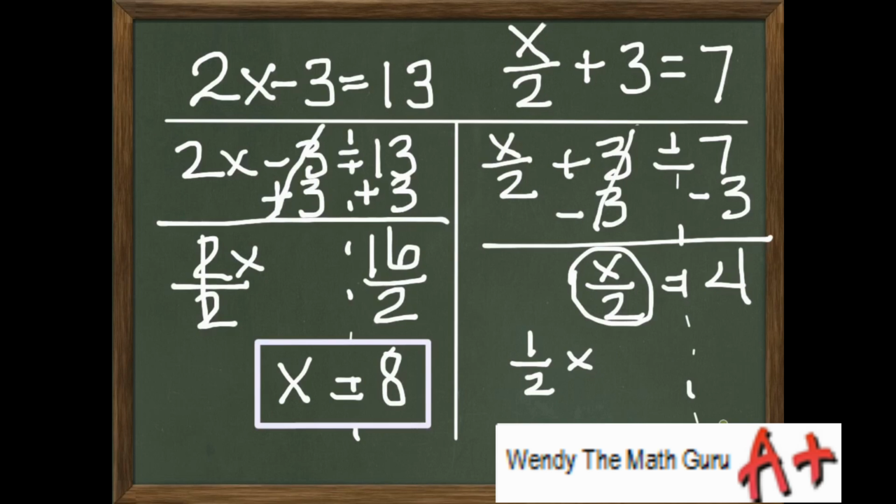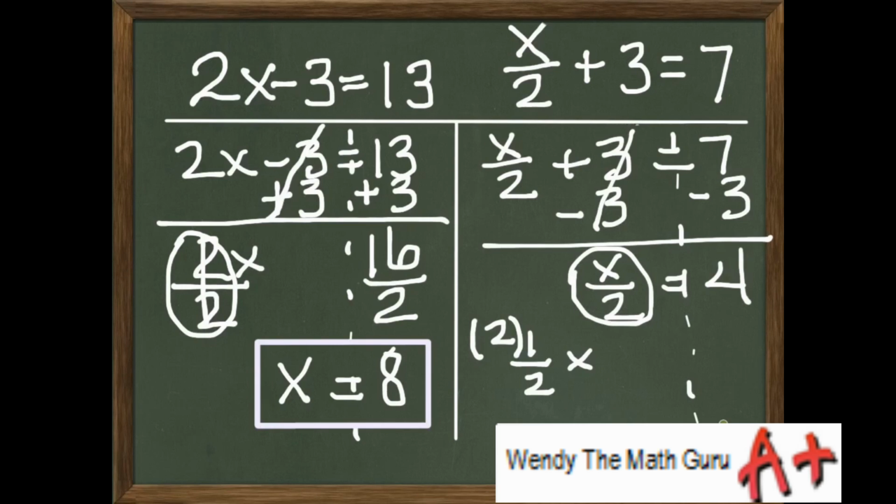So if we have 1/2 x, how do we create a multiplicative inverse with this situation? Well, the way we do that is by multiplying by 2. So now we have a situation where we have 2 in the numerator and 2 in the denominator, and now we have 2 basically divided by itself. The same situation we created on the left-hand side here.